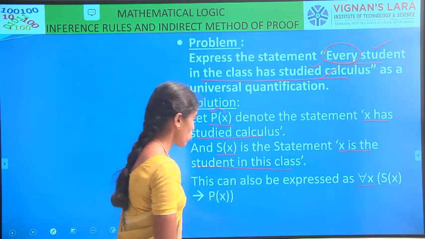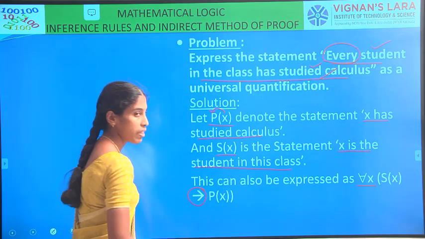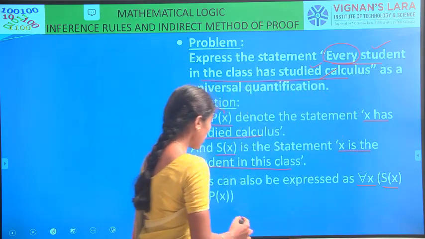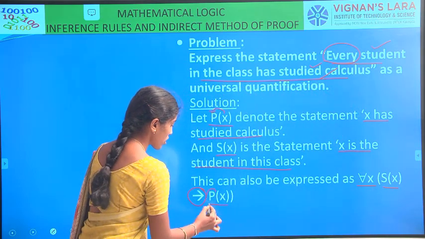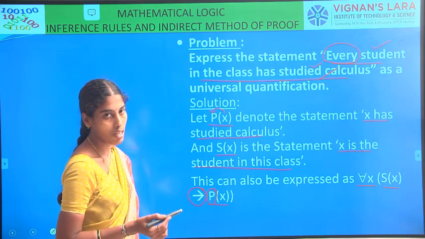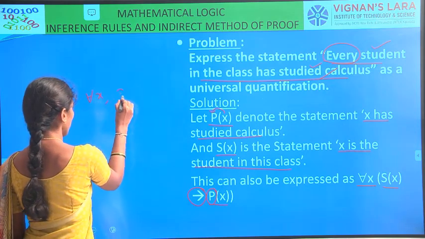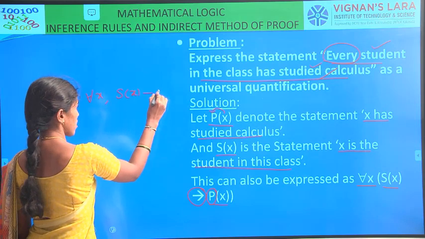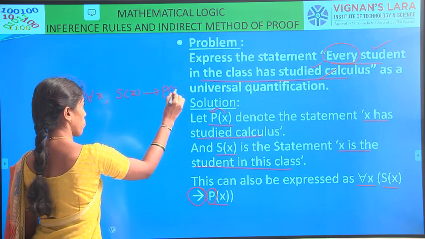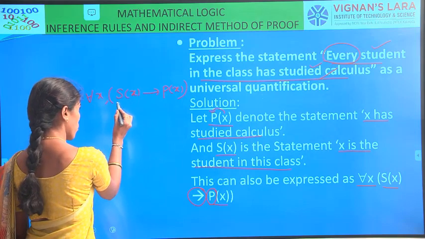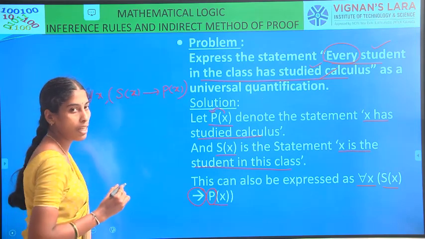If he is there, so we use a conditional statement. X is a student, X must have studied calculus. What is this? P stands for studied calculus. So for every X, S of X conditional P of X. The meaning of this is, if X is a student, then X must study calculus.